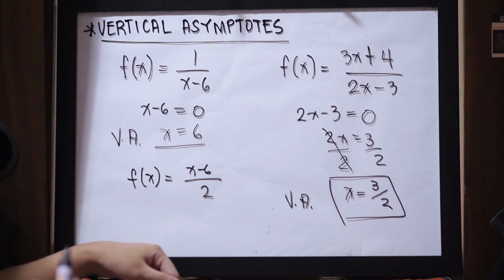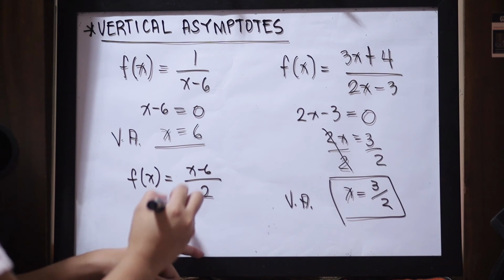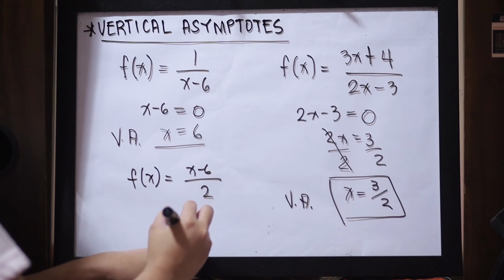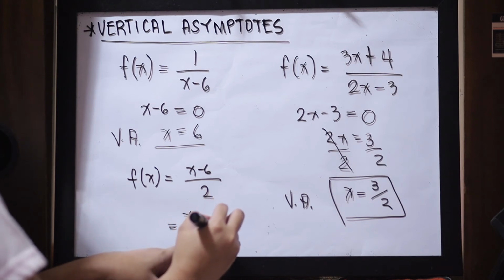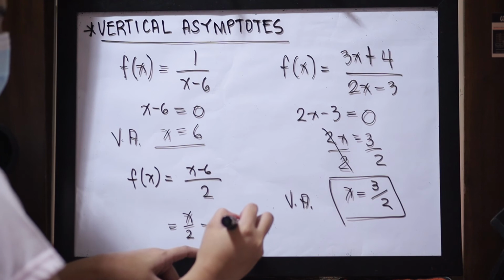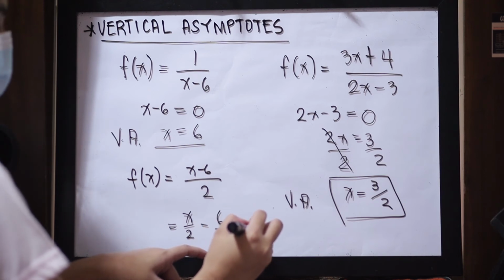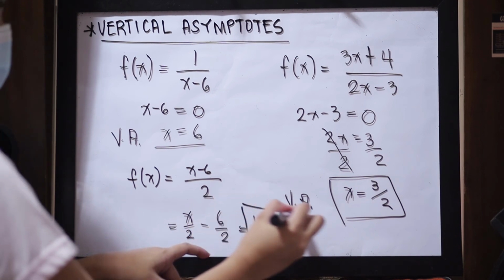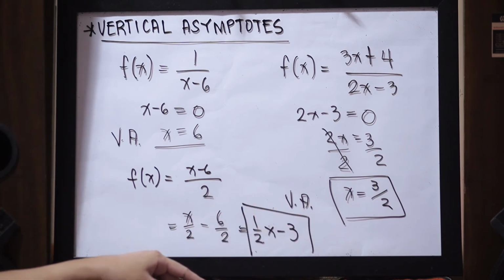Ma'am, paano yan naging linear function? Kasi ang ginagawa nila is, we simplify this one, or we rewrite this function as x over 2 minus 6 over 2, or simply 1/2 x minus 3. Kaya siya nagiging linear function.